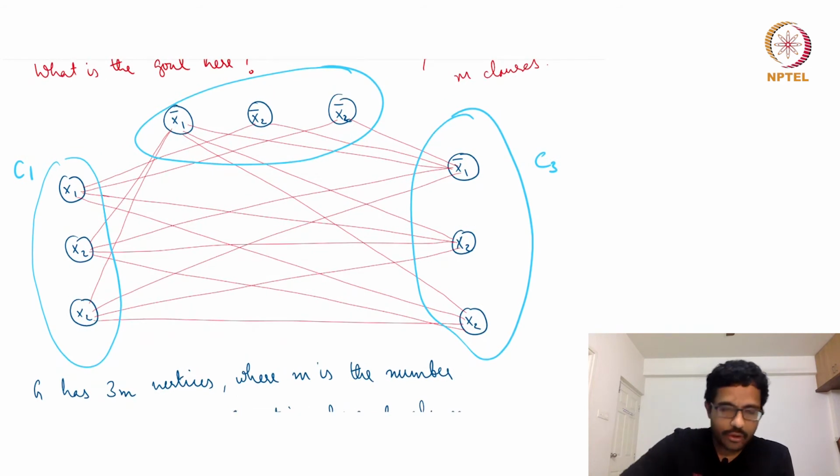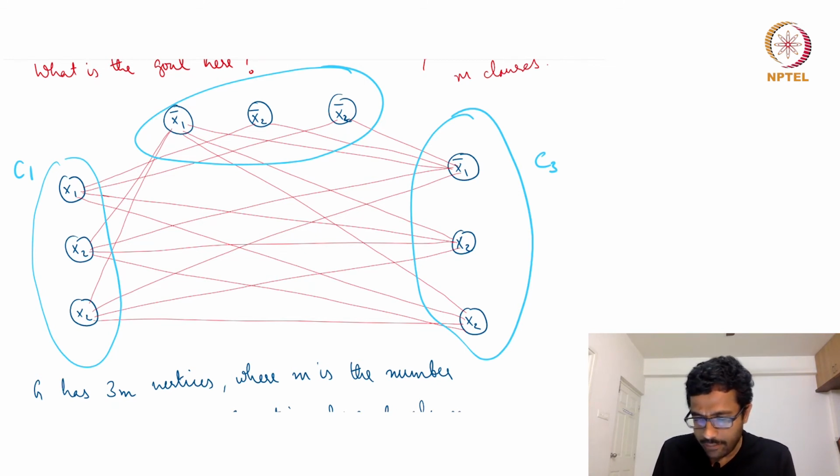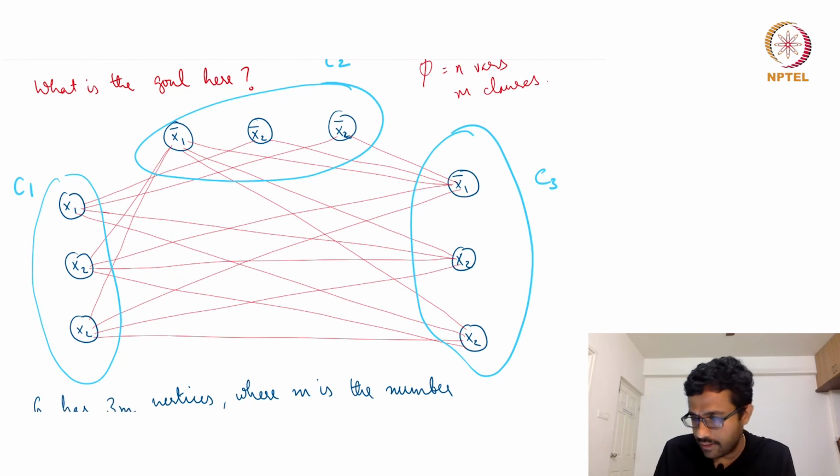And now let's talk about edges. I've already drawn them for convenience. Within a clause there are no edges. You will see within C1 there is none, within C2 there is none, and within C3 there are none. There is no edge connecting 2 vertices in the same clause. Across clauses, across groups, there are edges, but I don't put an edge between a literal and its complement literal.